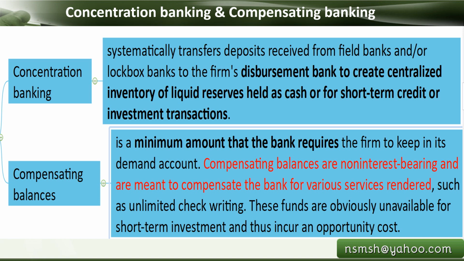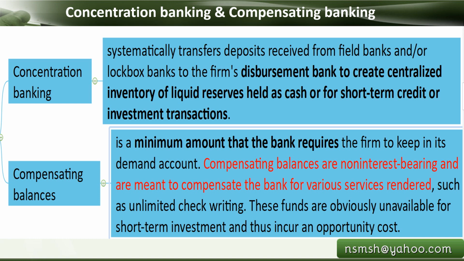It will be a kind of centralized disbursement bank to create a centralized inventory of all liquid reserves from where the disbursement actually takes place. So this is a kind of centralized banking for the corporate company. This is where all lockbox systems or any other bank accounts get internally transferred, from where the actual cash flow of the organization is operated.